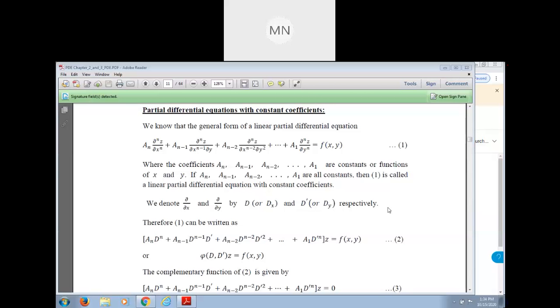So for a first order PDE, the equation is of the form f of x, y, z, p, q equals to 0, where x and y are the independent variables and the dependent variable is z. Its derivatives are p and q: p is del z by del x and q is del z by del y.